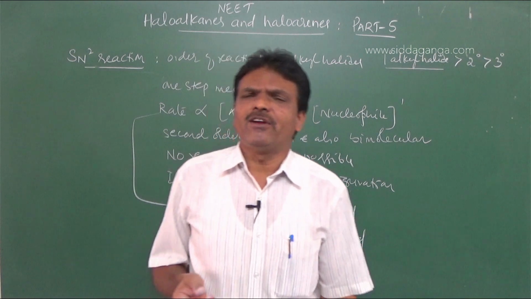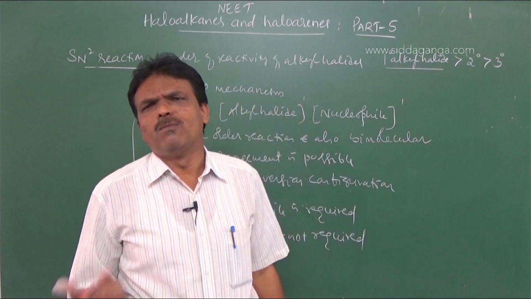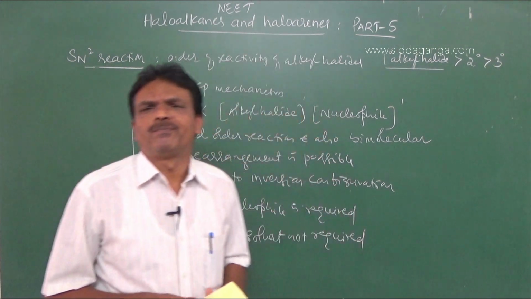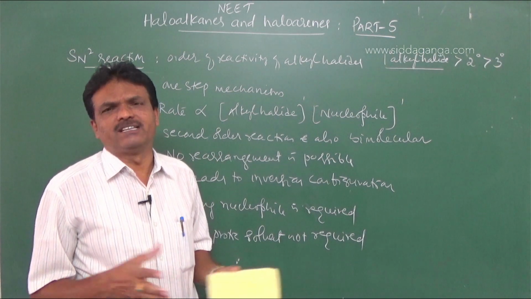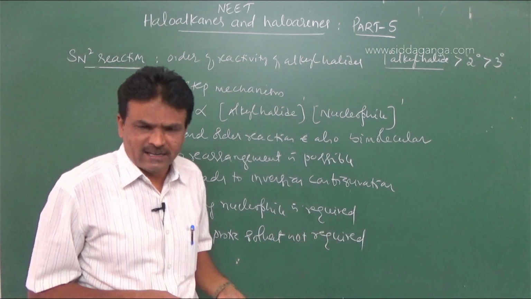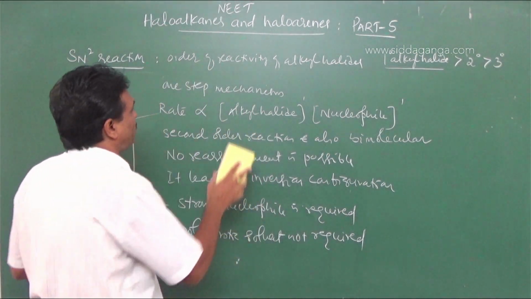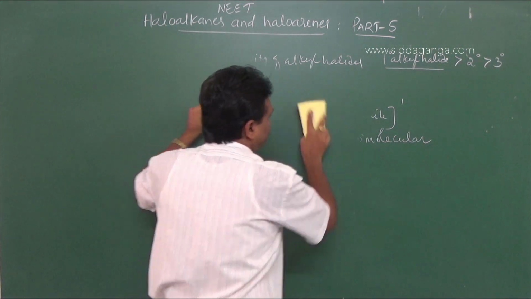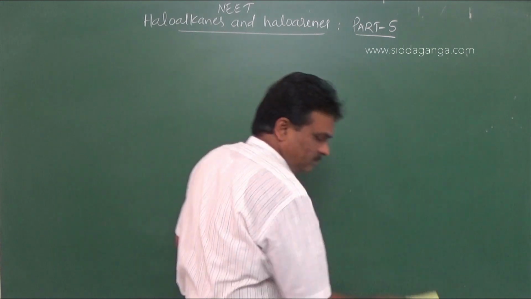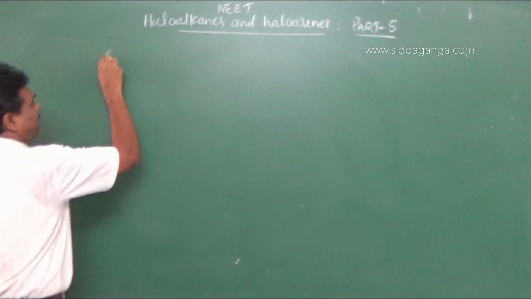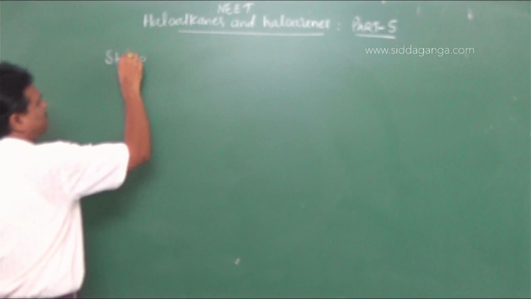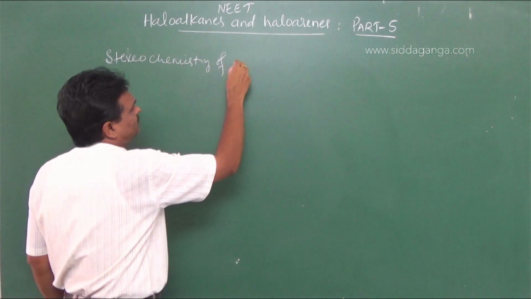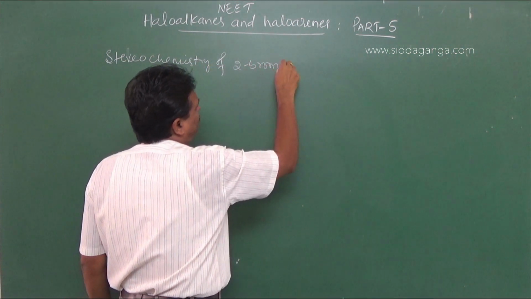Then what is the stereochemistry of 2-bromobutane in SN1 reaction? 2-bromobutane undergoes both SN1 and SN2 because it is a secondary alkyl halide.